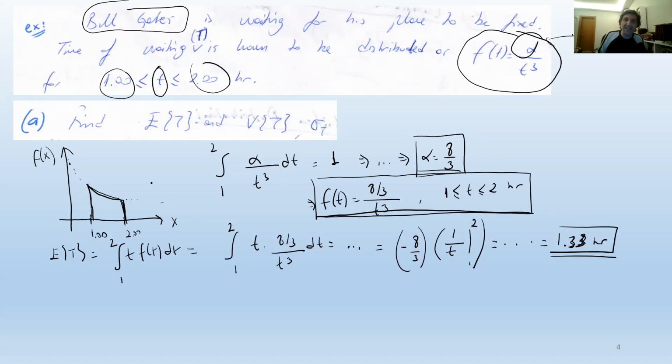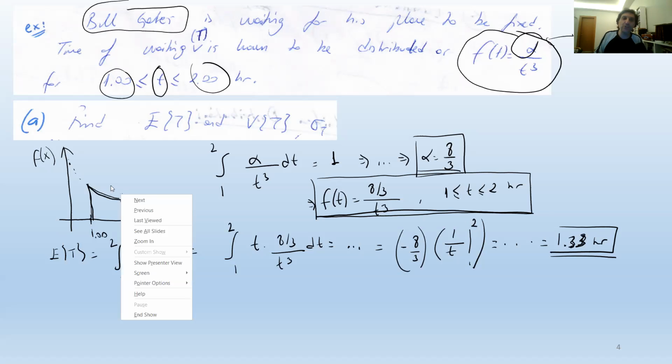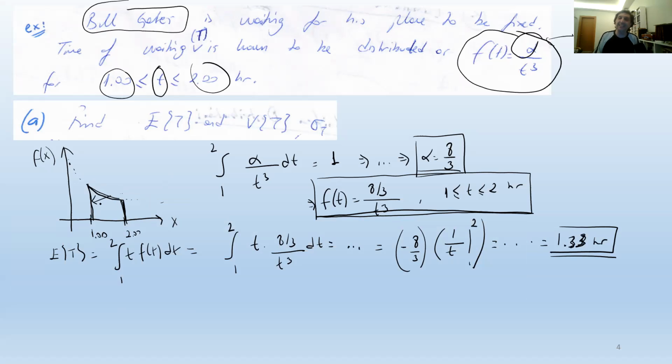And there is more than that. Note that the heavier part of the probability density function leans toward 1 hour. So it is more likely that it's not going to be 1.5 hours, it's going to be less than 1.5 hours.